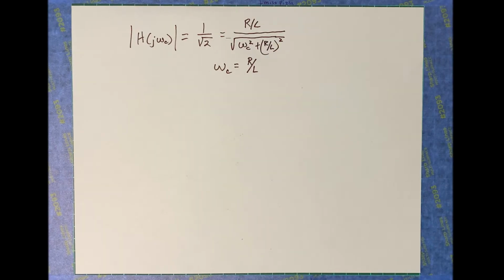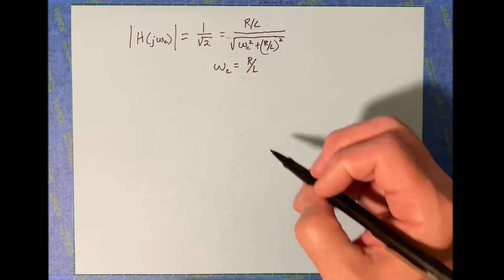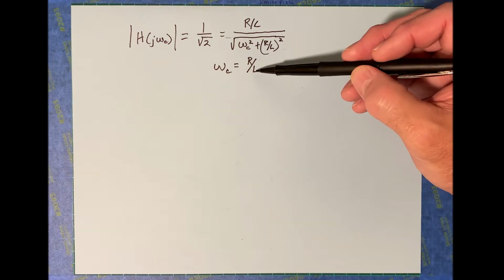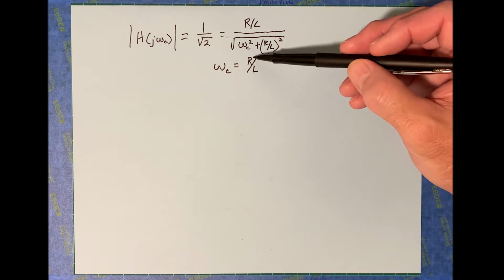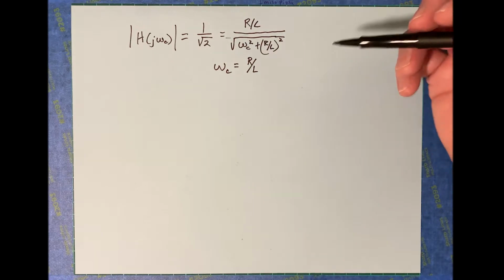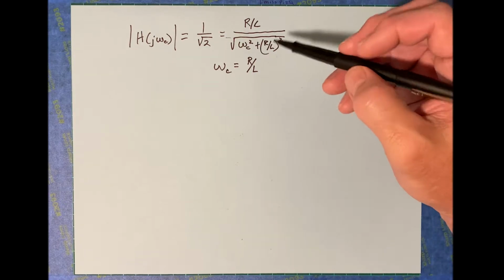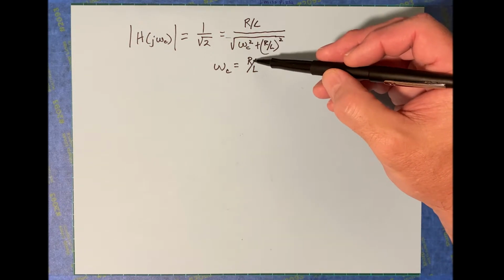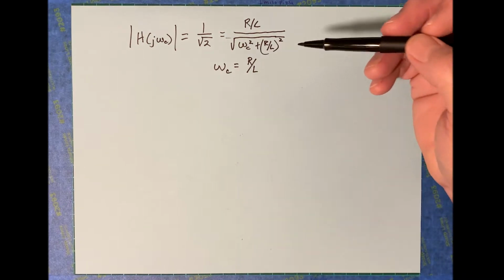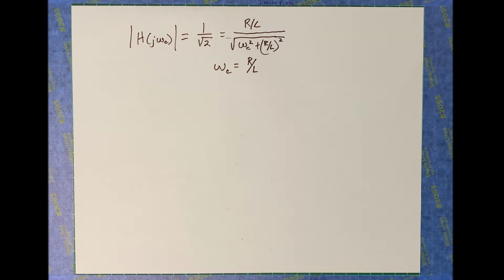So the cutoff frequency can be set to any frequency as long as this ratio of R over L is maintained. You figure out what you want the cutoff frequency to be for your low pass filter, and then you can make it whatever it needs to be by choosing your R and L components wisely.